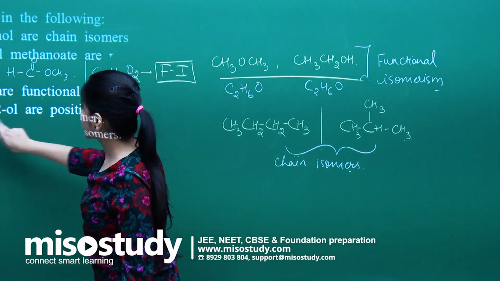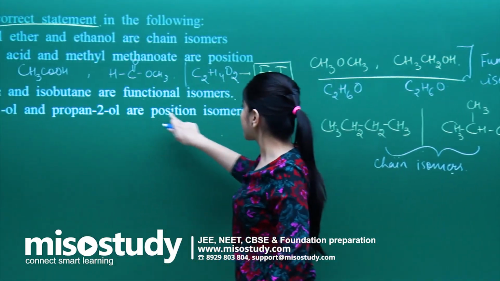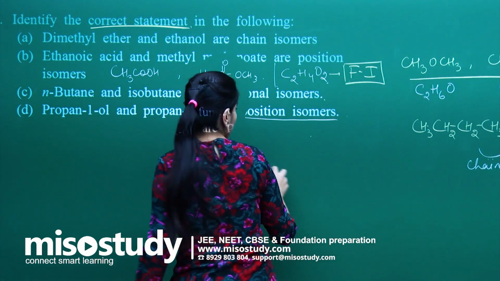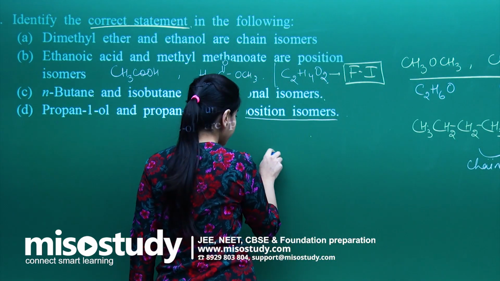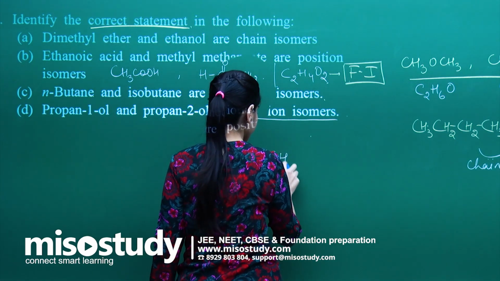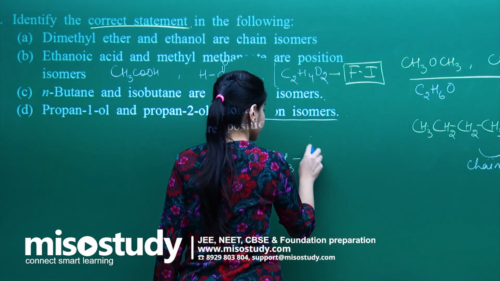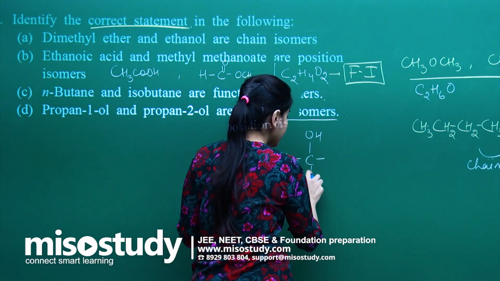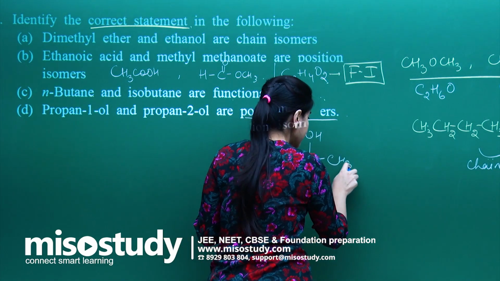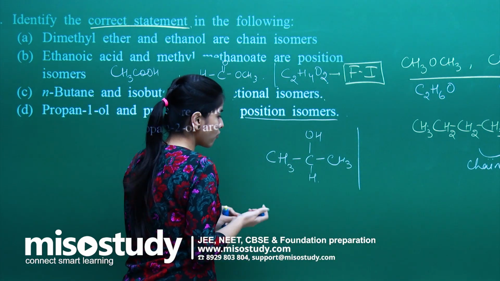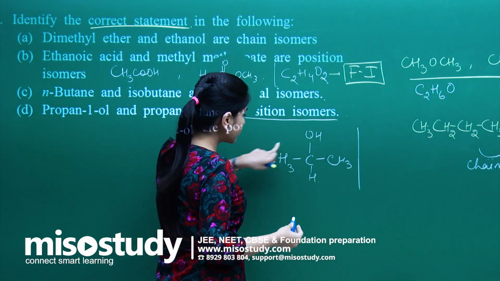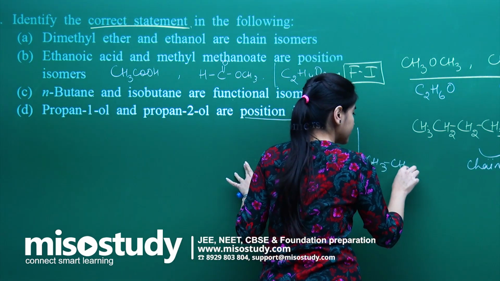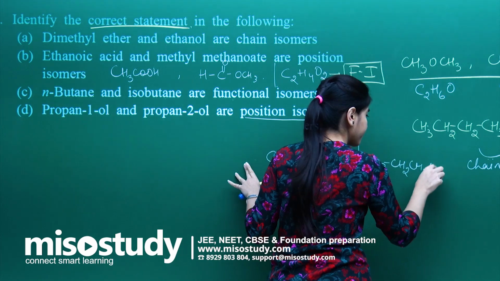Now if I see over here propane-1-ol and propane-2-ol. Here I have made propane-2-ol, and what about propane-1-ol, present on the first carbon? That means this.